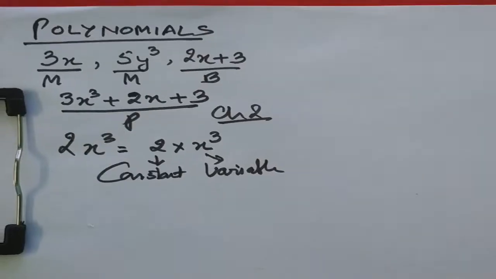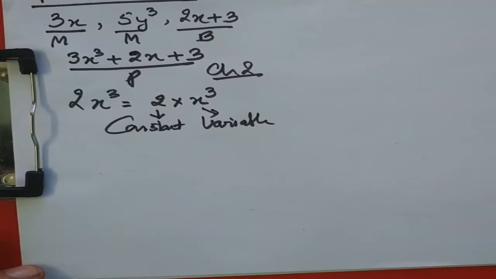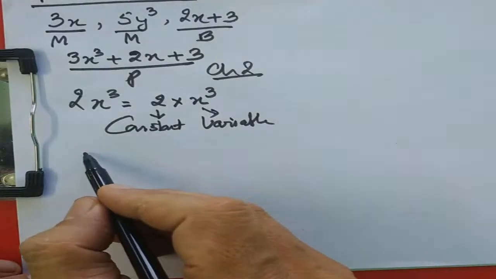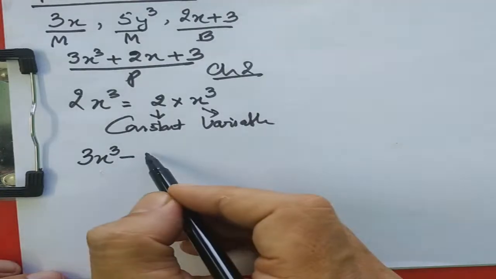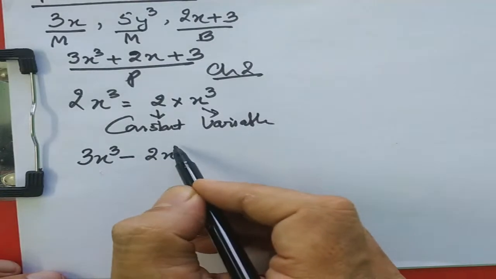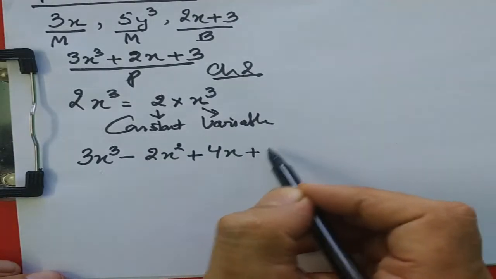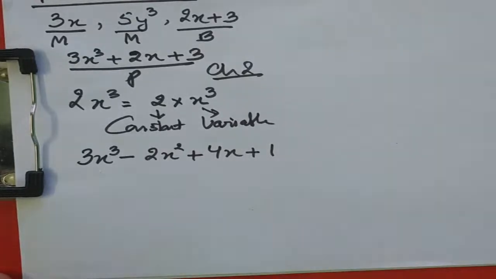Okay. So now what is the main thing which you have to do in class 9? First let's understand that if there is a polynomial given as 3x cube minus, let's take the same example. Now this has 4 terms in it. So this is a polynomial.